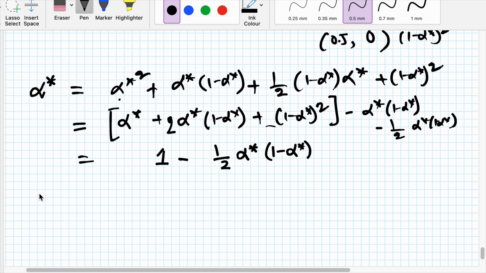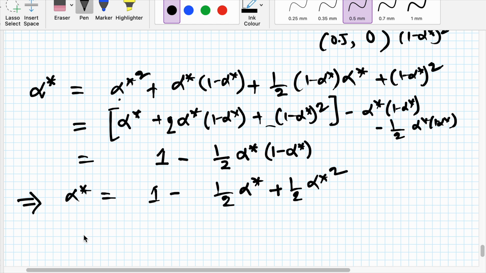So this is the case. Okay, let me write: 1 minus half alpha star plus half alpha star squared, so 3 by 2 alpha star.